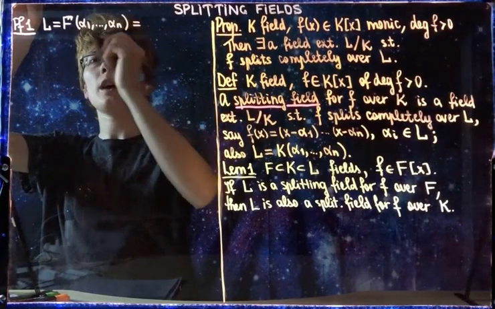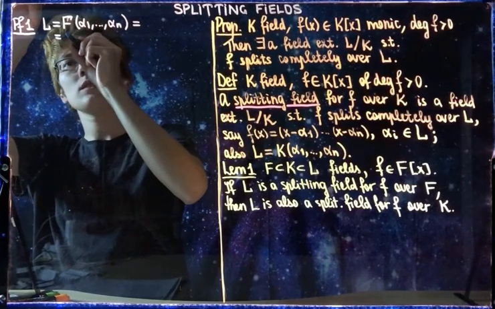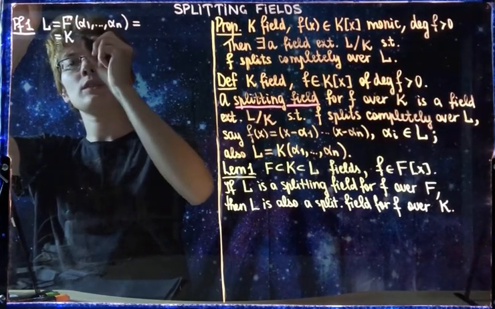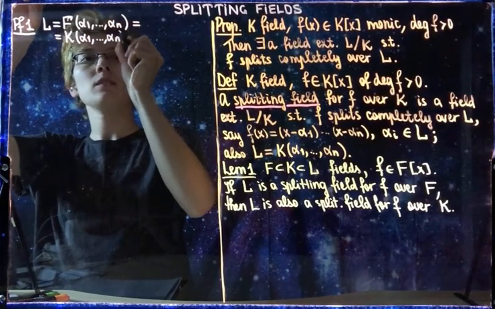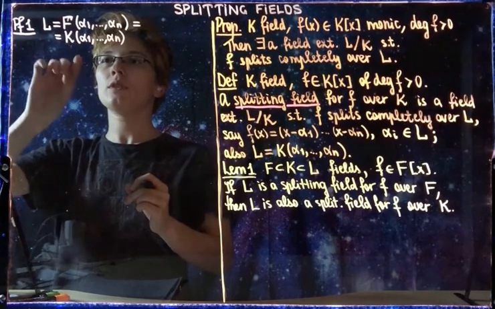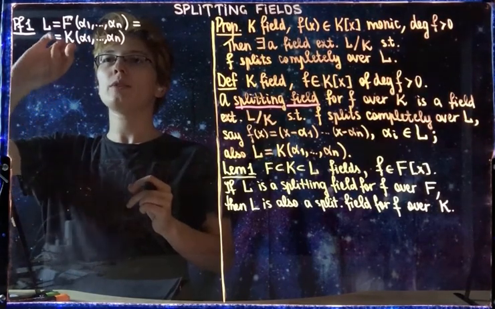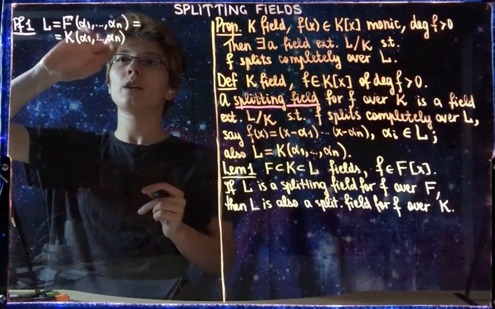So if we add some more elements to K, or to F, so we consider K adjoin alpha 1 through alpha n, then it will still be the minimal subfield that contains F and all alpha 1 through alpha n.